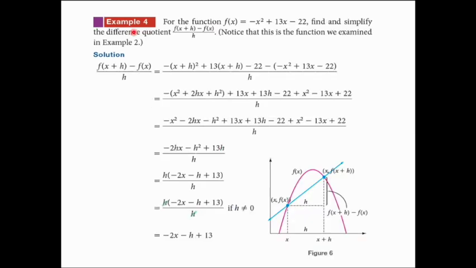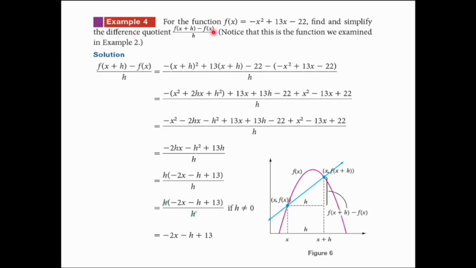So looking at example 4, we're going to do the same thing we did as the previous example, but it's going to get a little bit more messy because we're evaluating it with a quadratic. It's not hard, it's just going to get a little bit lengthy and we just have to be careful.